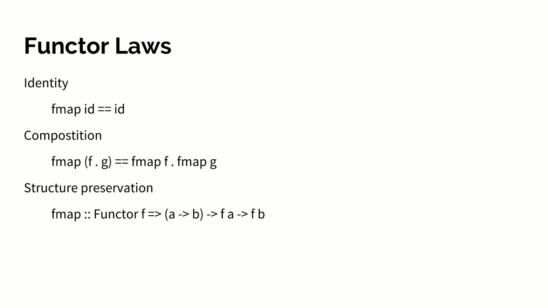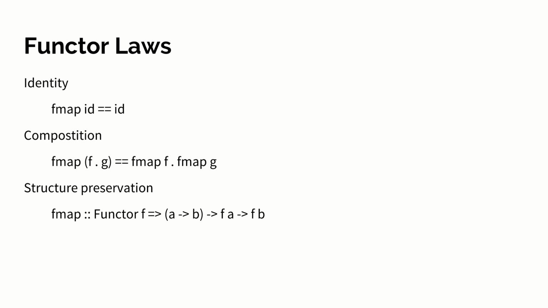The fmap of this first function f composed with the second function g is the same as fmapping f over our initial list of integers and then applying the fmap of g over that result. More concretely, the fmap of f composed with g should be equivalent to the fmap of f composed with the fmap of g.